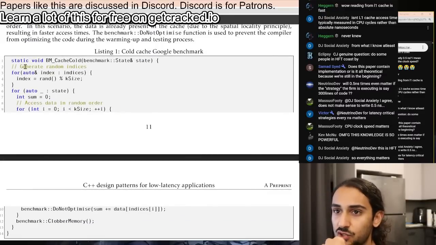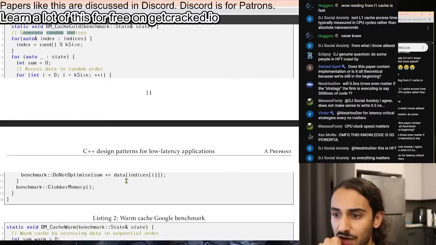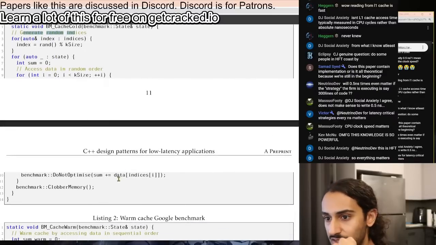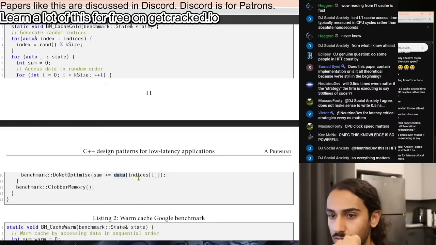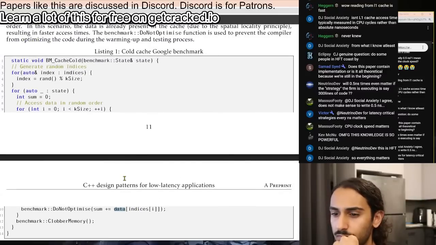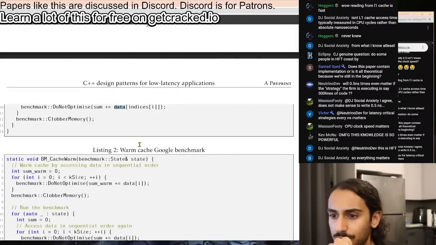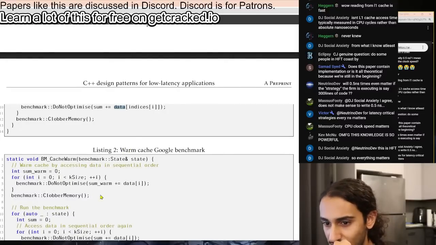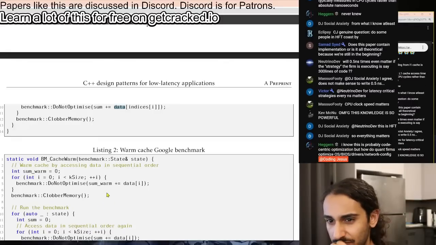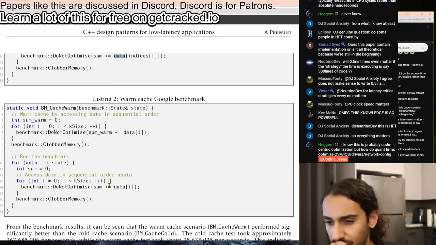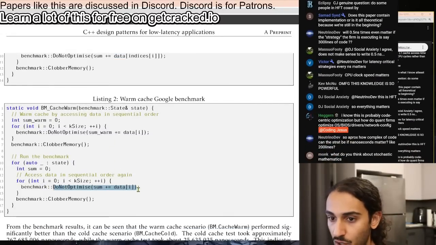So what does this do? It generates random indices, and then it sums the data at random indices in this array. The next one first iterates over the entire array, therefore pulling those cache lines into cache, and then it iterates over the entire array again.